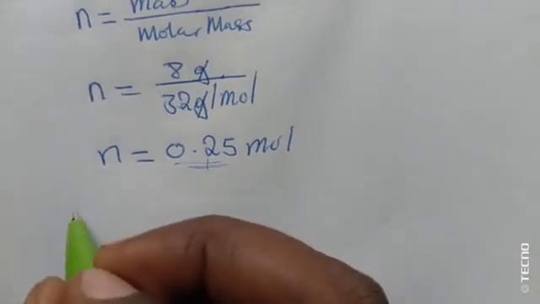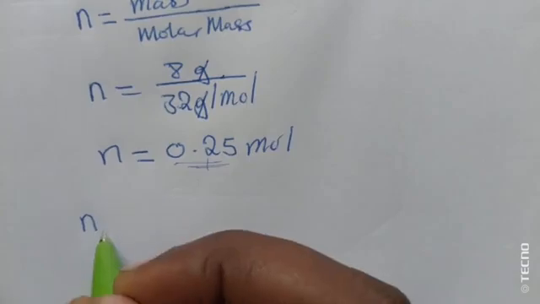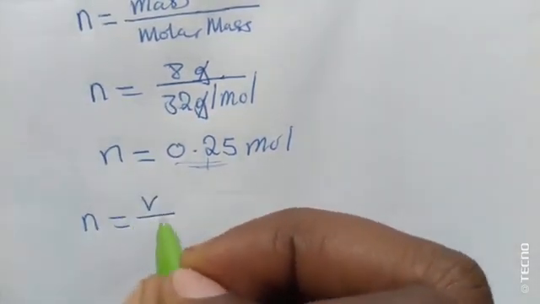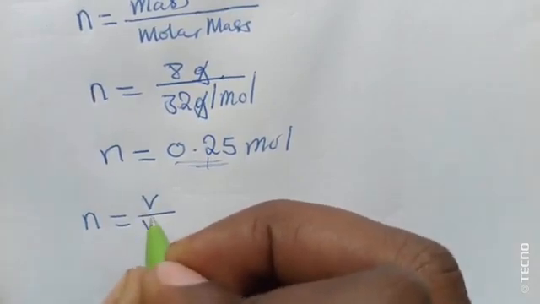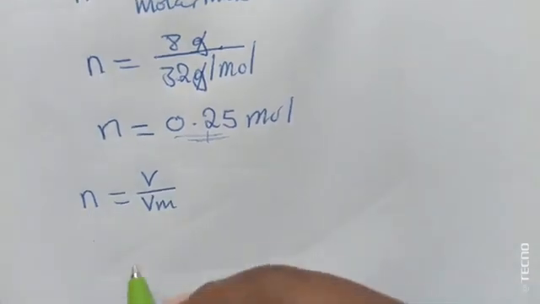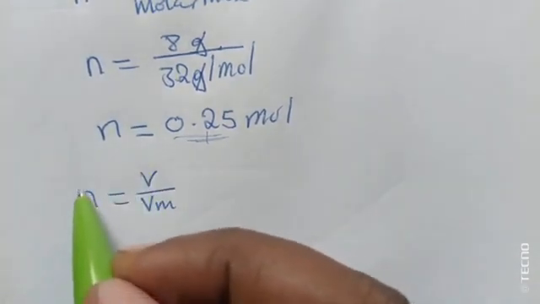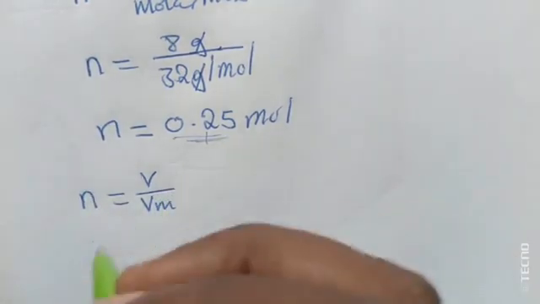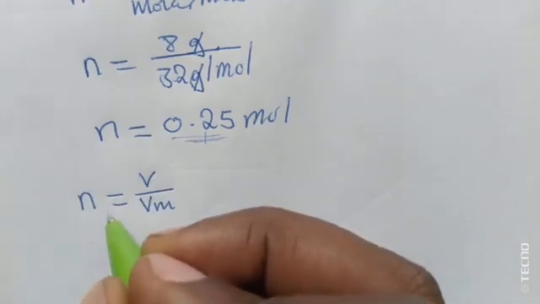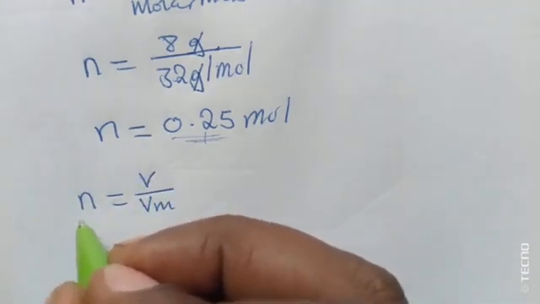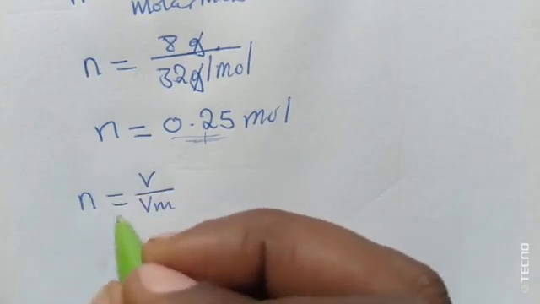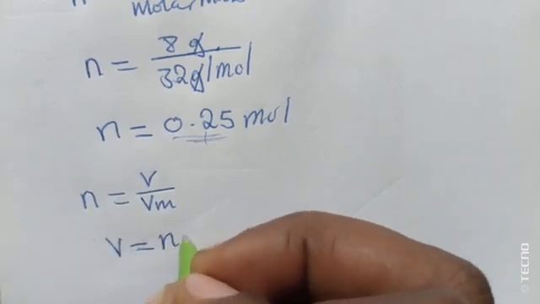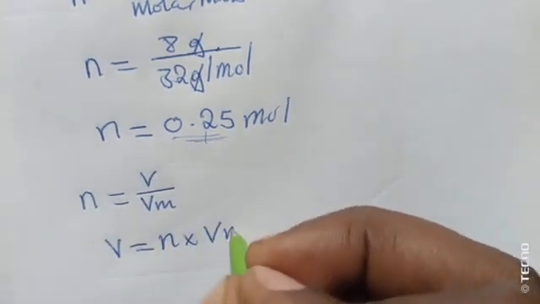So you write the formula, which is n, number of moles, is equal to volume over molar volume, which is Vm. So here you write 0.25. In other ways, you can just multiply to make V the subject of the formula, so V is equal to n times Vm.